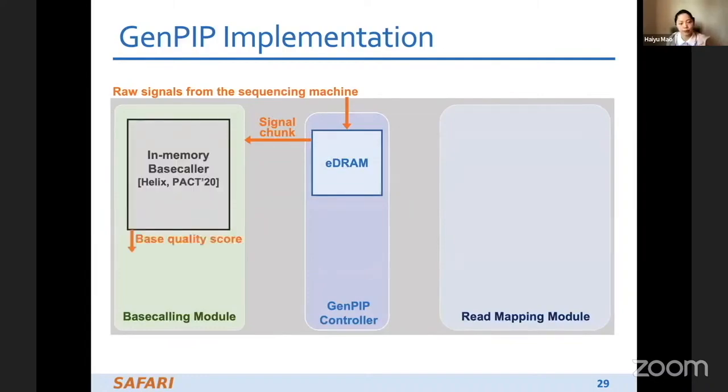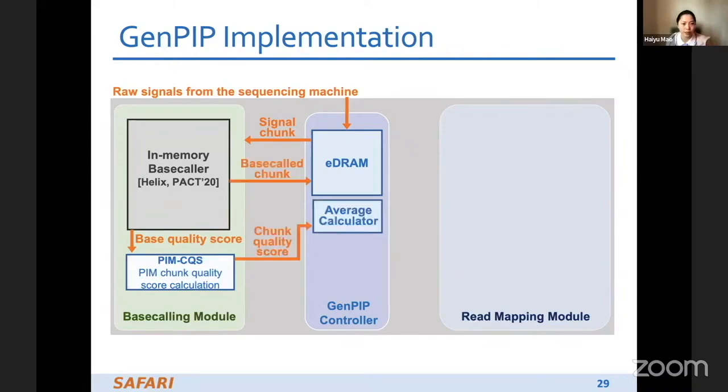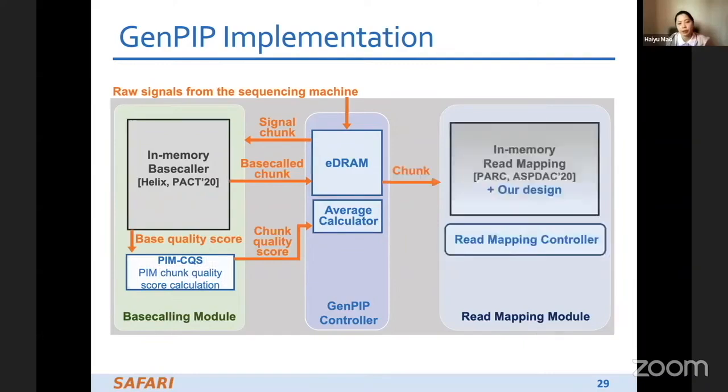After we calculate the base-called chunks, we calculate the base quality score using our PIM-based chunk quality score calculation, and then forward both the base-called chunks and the chunk quality score to the GenPIP controller. After that, we forward the chunks to the read mapping module so that we can get the read mapping result.